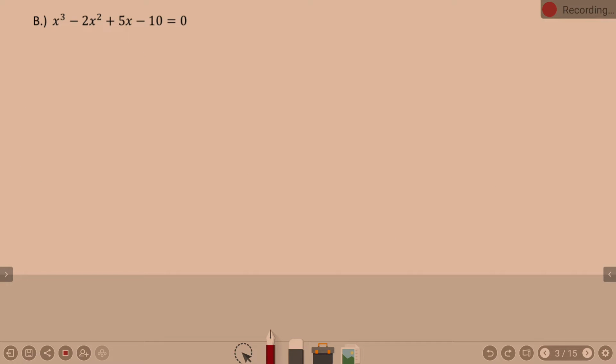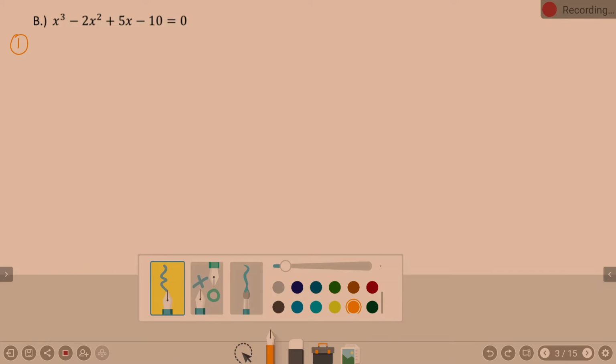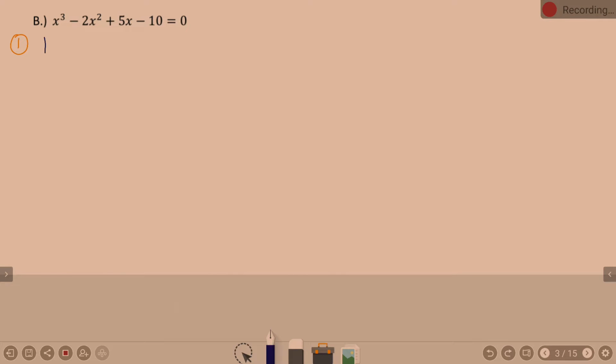So x cubed minus 2x squared plus 5x minus 10 equals 0. Where do we want to start? What did you say? Your constant. Yeah. We're going to start with our PRRs. And so as we start with these PRRs, factors of the constant.